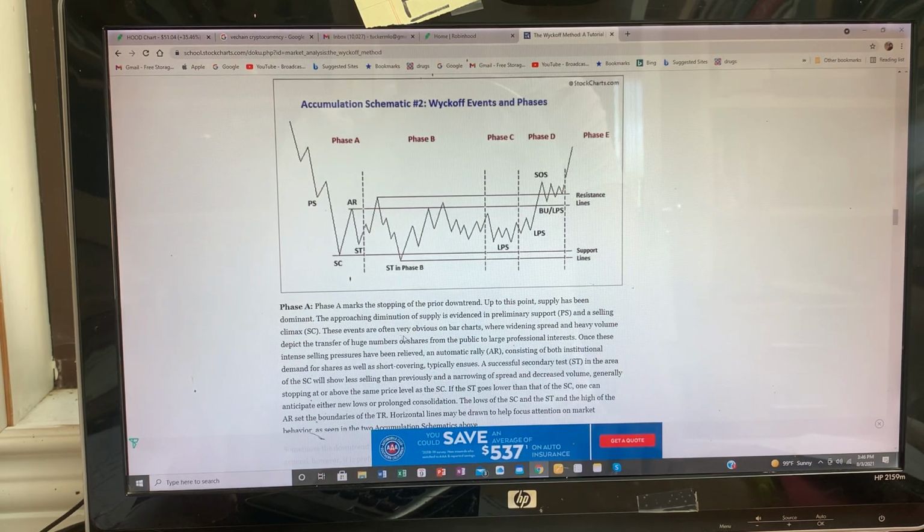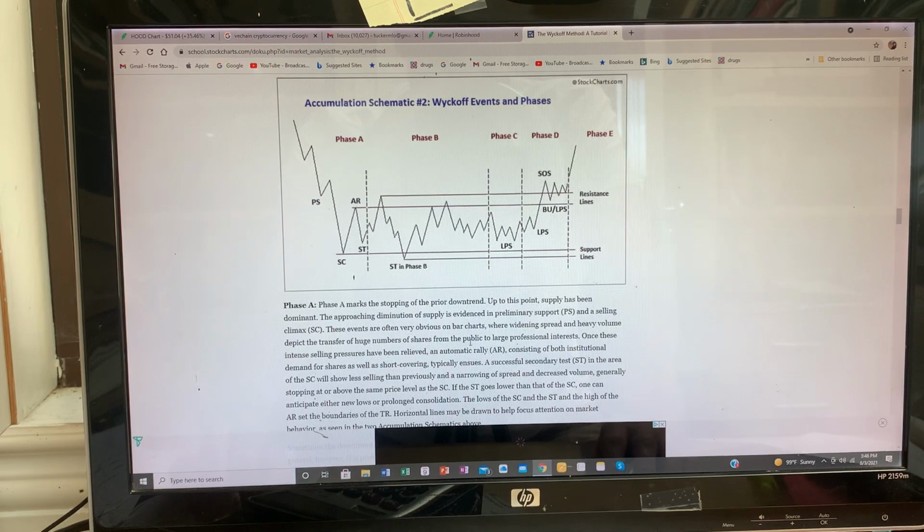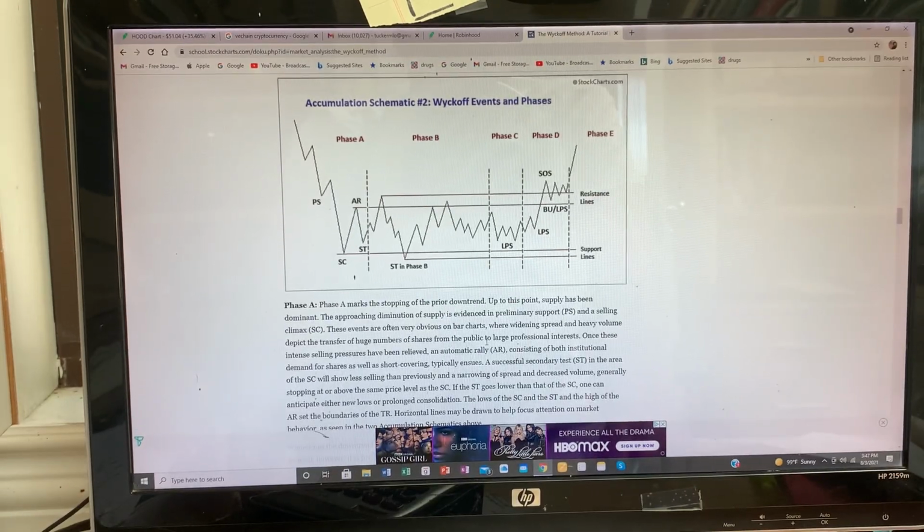These events are often very obvious on bar charts, where widening spreads and heavy volume depict the transfer of huge numbers of shares from the public to large professional interests.